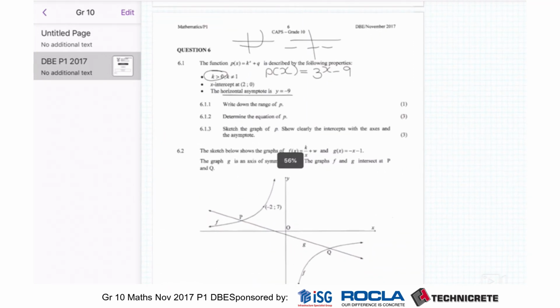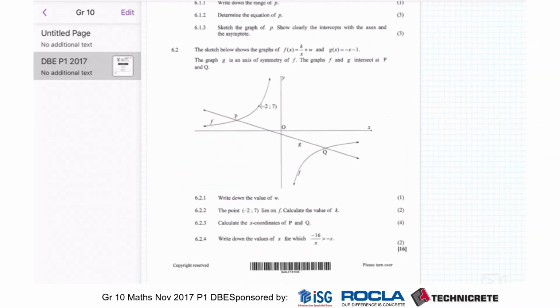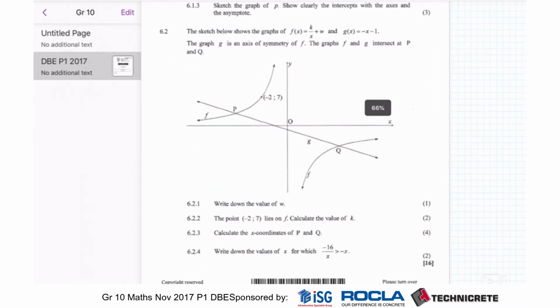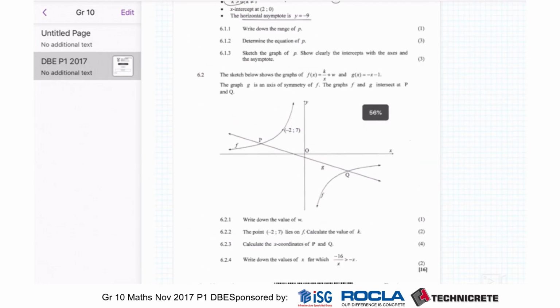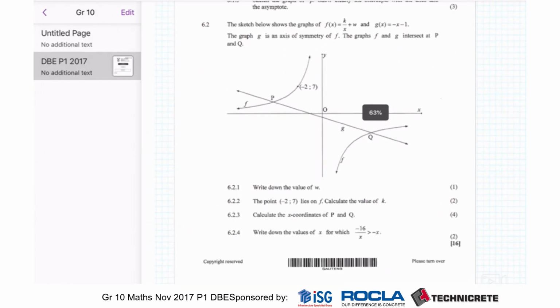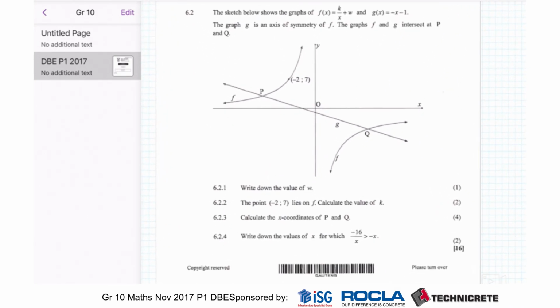Okay. The next question says the sketch below shows the graph of f of x equals k over x plus w. We just did an exponential graph, okay? Now we're looking at a hyperbola, and we've got a straight line.